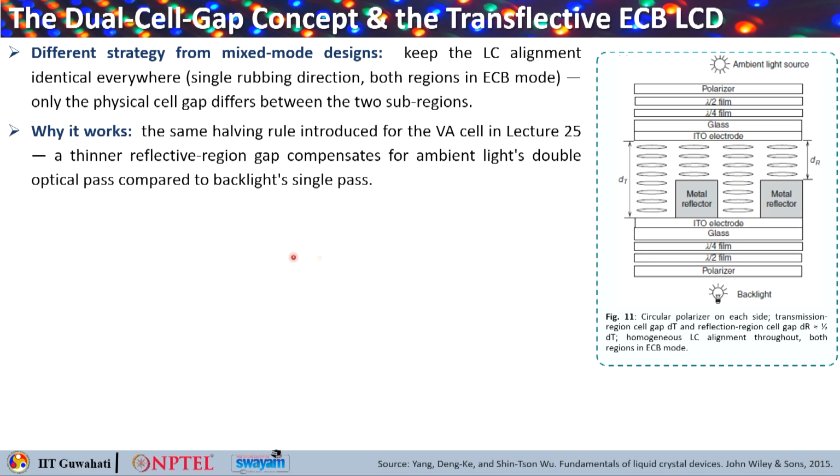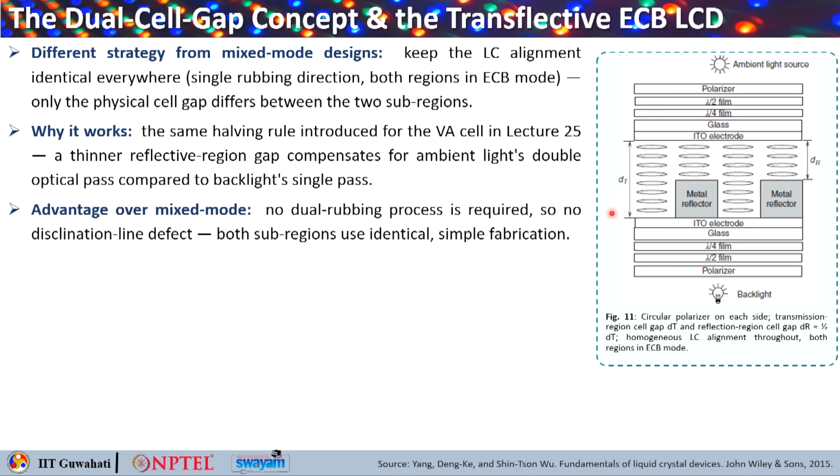So why does it work? The same halving principle introduced in the vertical alignment cell, we have seen that, applies to the thinner reflective region, because the light has to go through the path twice. So it basically has the double optical pass as compared to the backplane's single optical pass. So that can be introduced here.